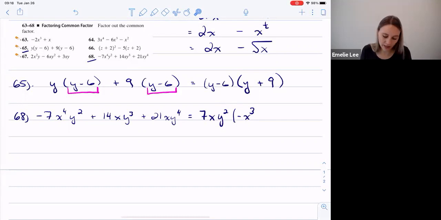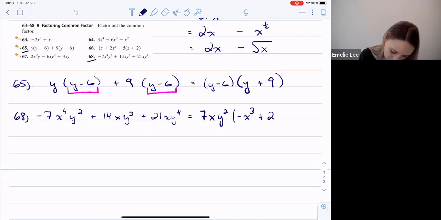Then I do the same thing with the second term. What do I need to multiply 7xy squared by to get to 14xy to the 3? So I've got the x, I've got 2 of the y's, and I've got 7. So I get plus 2, since 7 times 2 is 14.